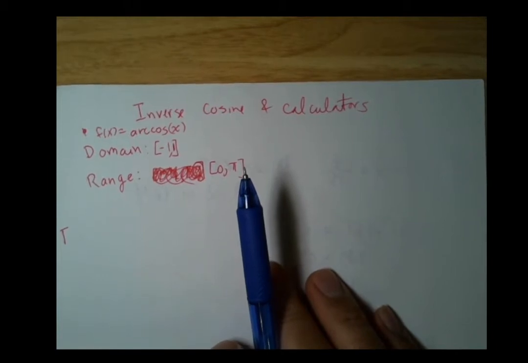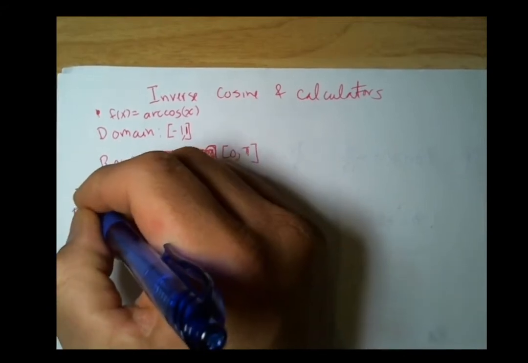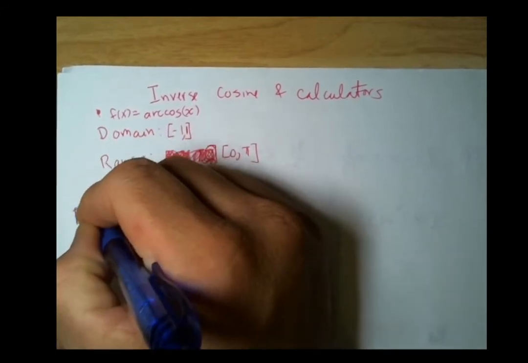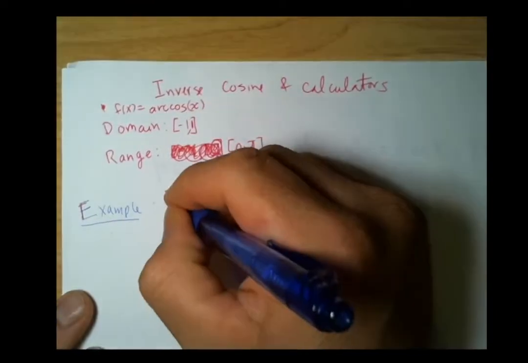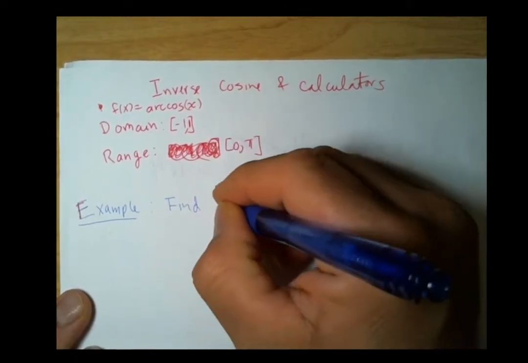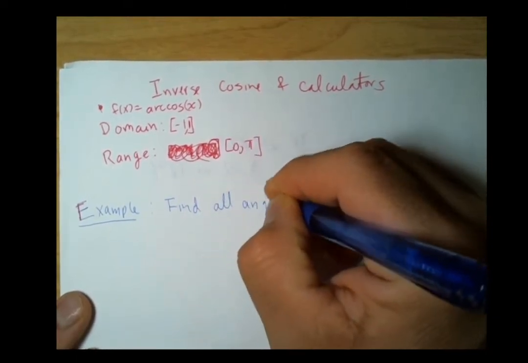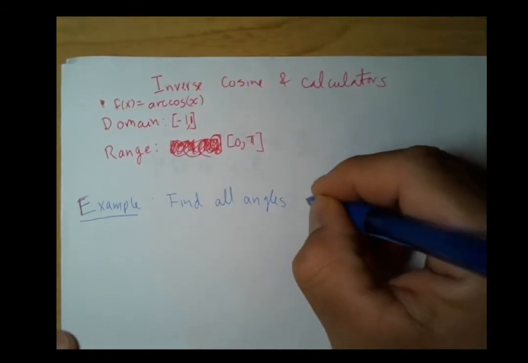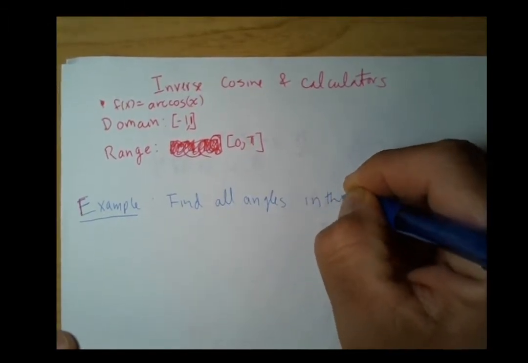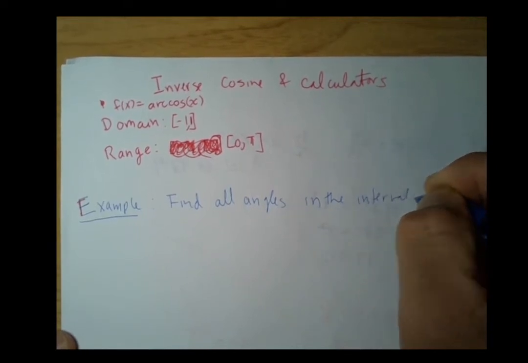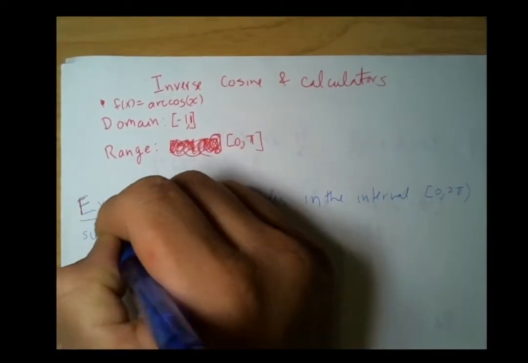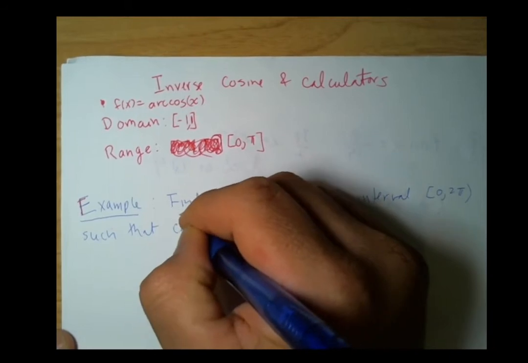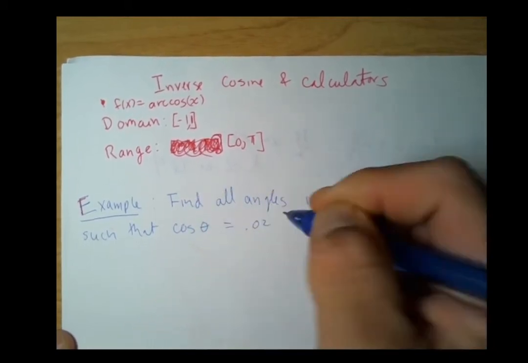So here we're going to apply this to solve problems. For example, let's start with this example here, where we are asked to find all angles in the interval 0 and 2 pi, such that cosine theta is equal to 0.02.